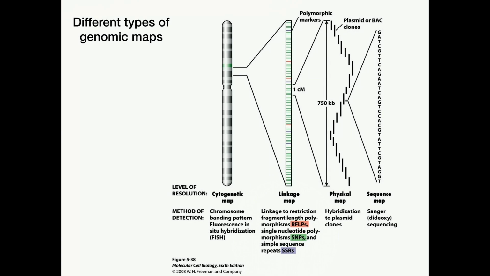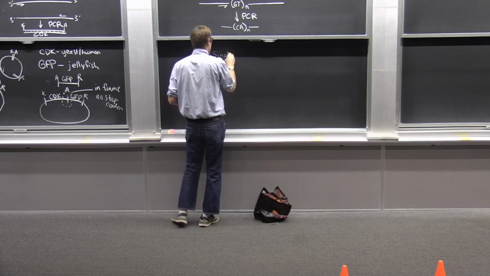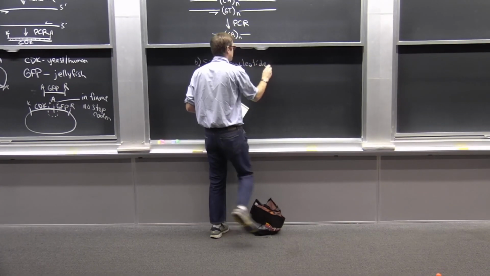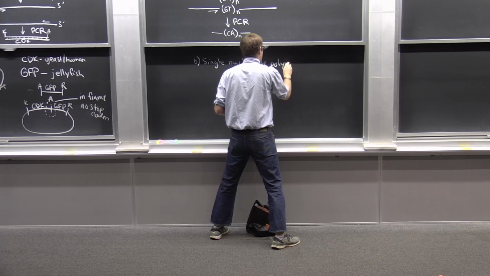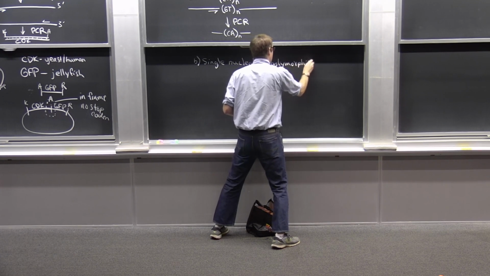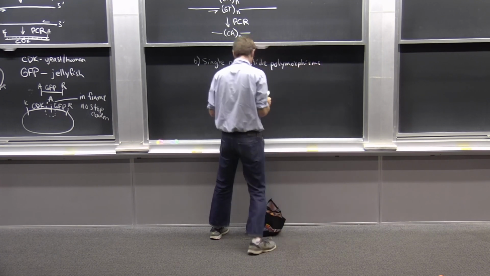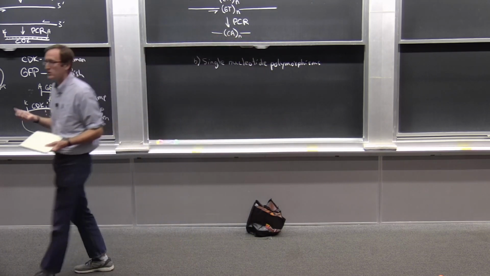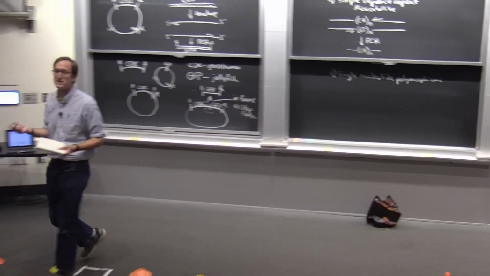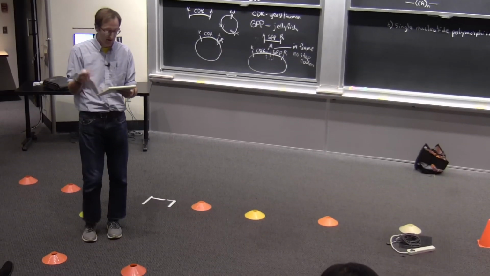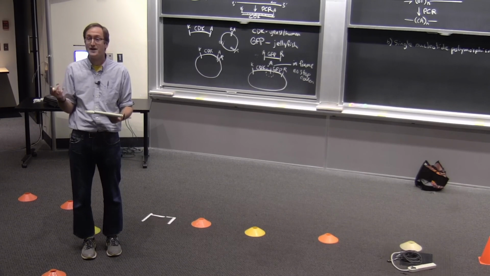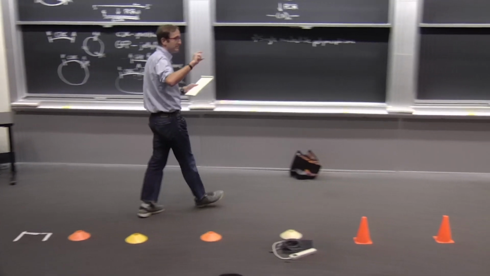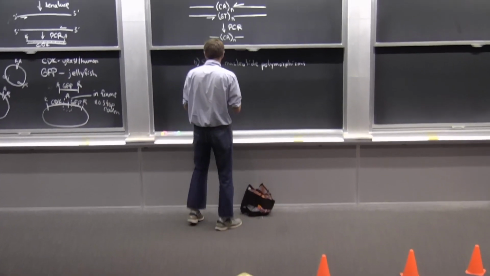Okay? And this is abbreviated SNP. What a single nucleotide polymorphism is, is a variation of a nucleotide at a single position in the genome. So it's just a one base pair difference at a position.